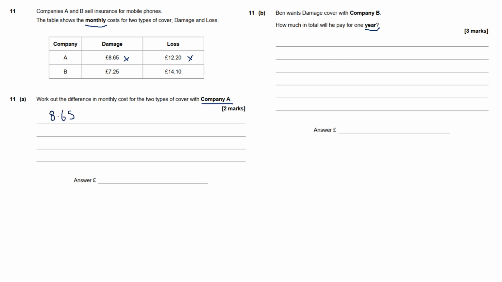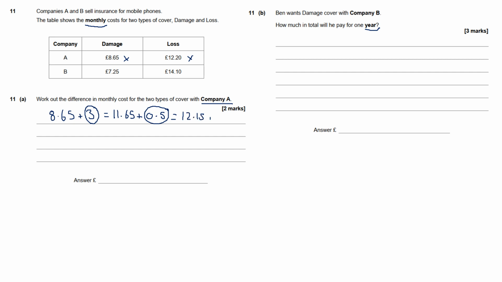So I'm going to add 3. I'll leave the pound signs off for now. So £3 gets us to 11.65. Then if I add 50 pence, so £0.5, that then gets me to £12.15.